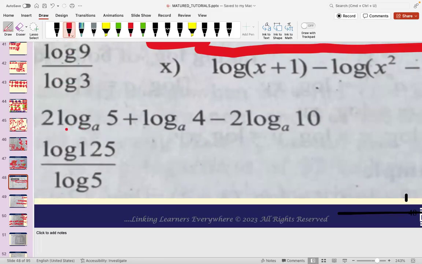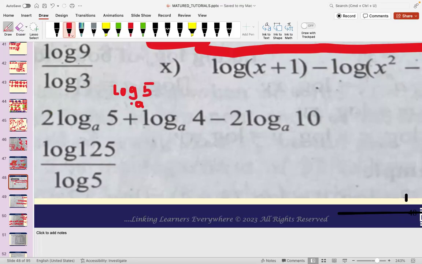So let's start. Now, this 2 here, we need to move it, else we cannot use the law. This 2 also here, we need to move it, else we cannot use the law. So it means that in moving it, we can rewrite this one as log A 5.